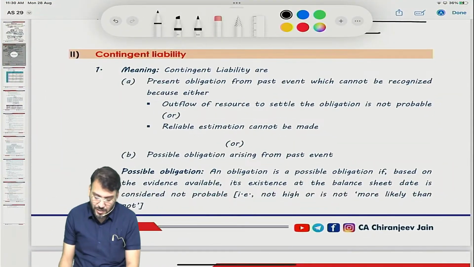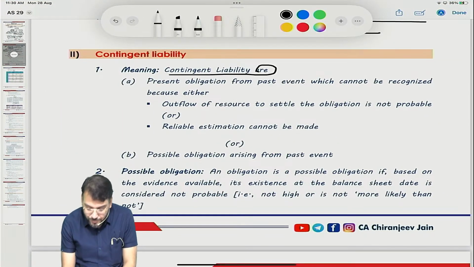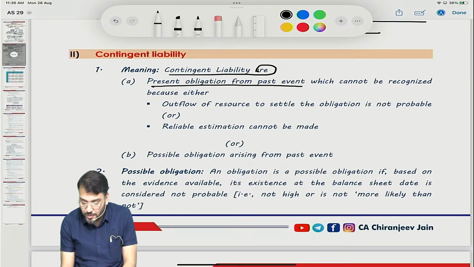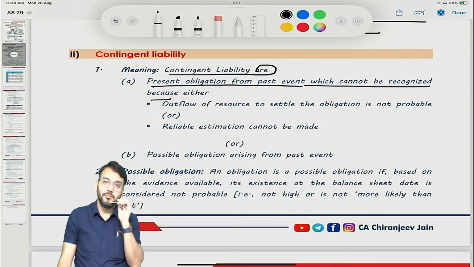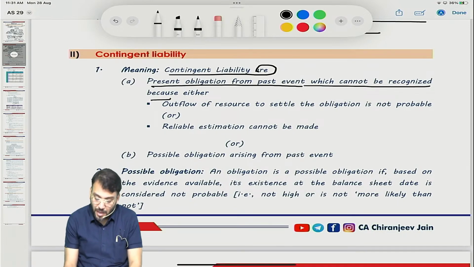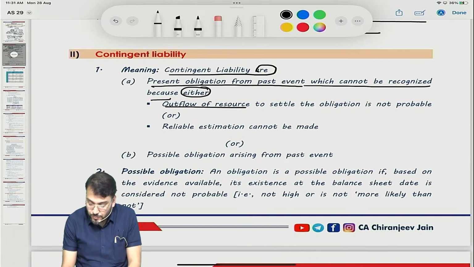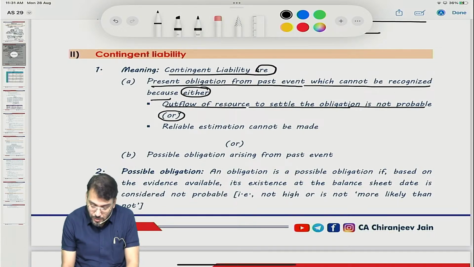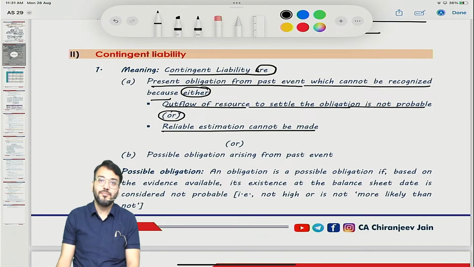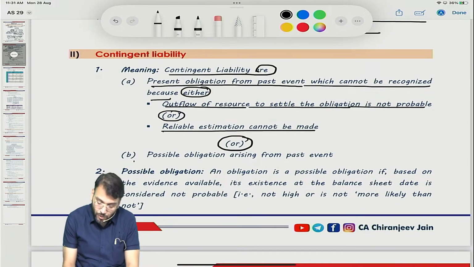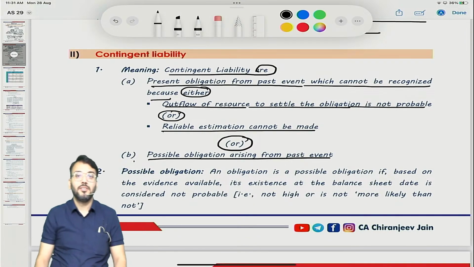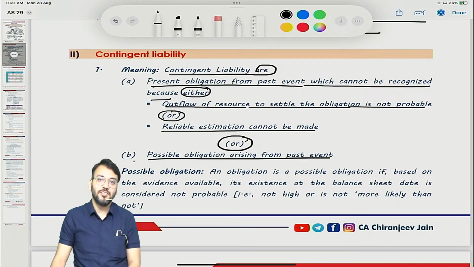Let us read the meaning, what they are saying. Contingent liabilities are present obligations arising from past event which cannot be recognized because either outflow of resource to settle the obligation is not probable or a reliable estimation cannot be made, or second point, they are possible obligations arising from past event.